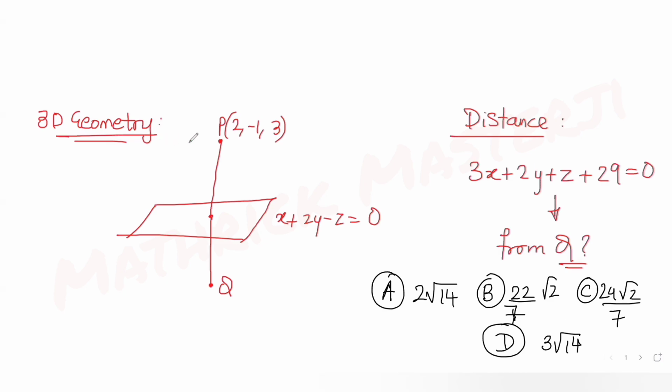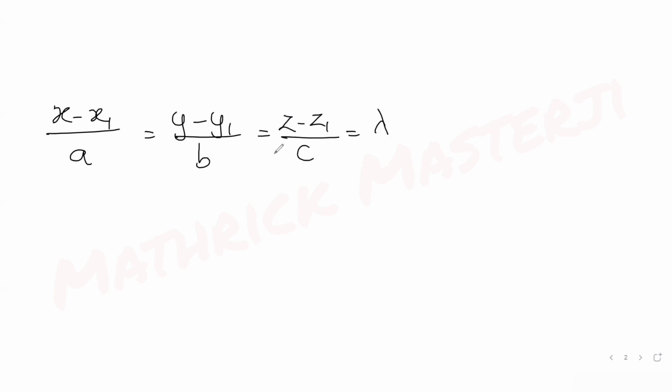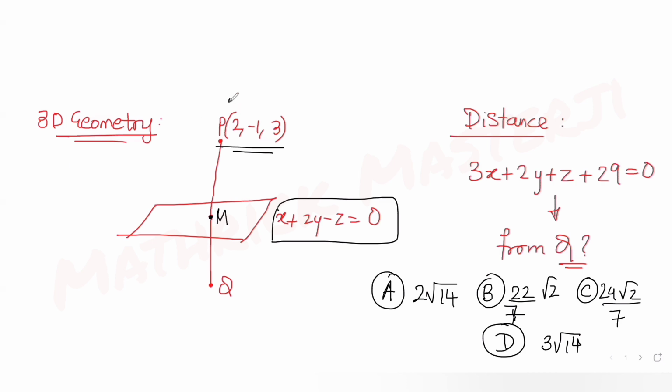First of all, let's find the equation of line PQ. Let's say this is point M, which is in the plane. The equation of line PM, using the equation of the plane and the coordinates of P, is given by (x - x1)/A = (y - y1)/B = (z - z1)/C = lambda, where x1, y1, z1 are the coordinates of P and A, B, C are the coefficients of the equation of the plane.